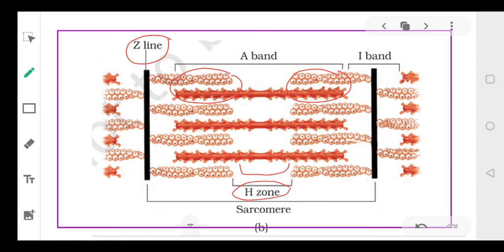The portion which is not overlapping is called H zone and this portion is called sarcomere. I hope I am clear, dear students. So this portion is your H zone. The central part of the thick filament which is not overlapping with the thin filament is called H zone in the resting position.